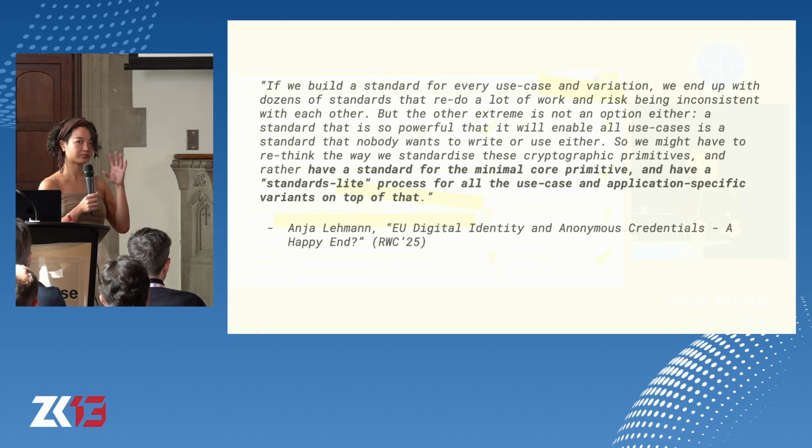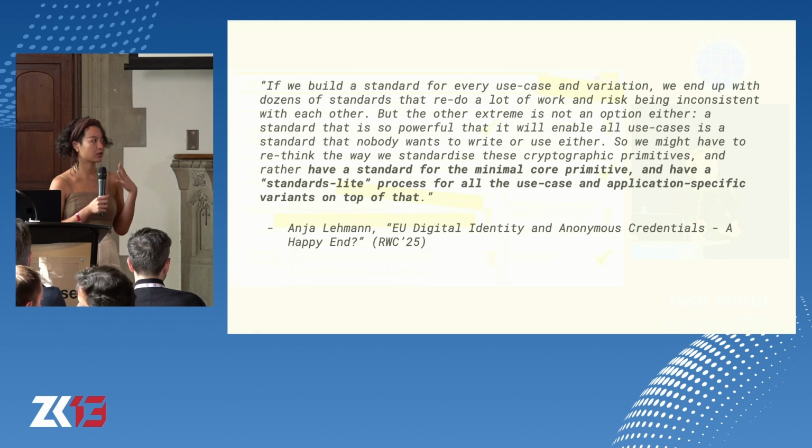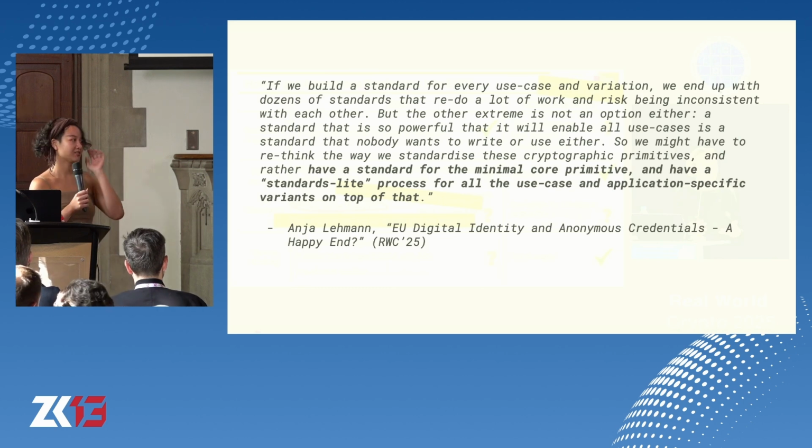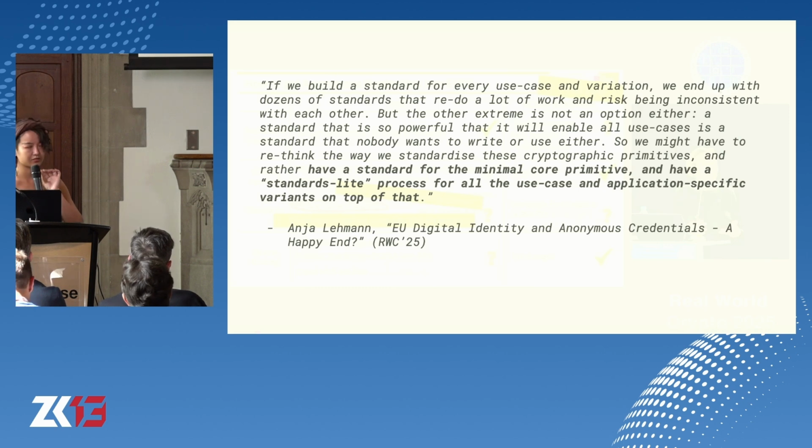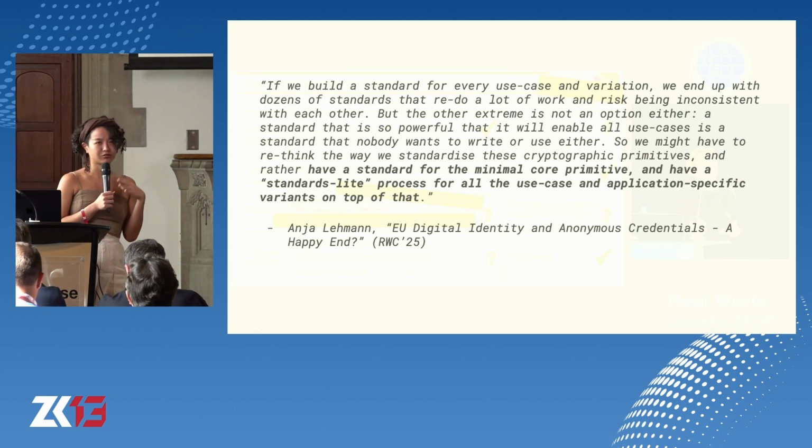Whereas how we could approach it is to rigorously standardize some core primitive, and then for subsequent application-specific variants, have a standards light process for that. So this is very much a balancing act because, as she mentions here, if your standard is too specific, it will not be useful for anyone else. If it's too powerful and too general, it will give no information.